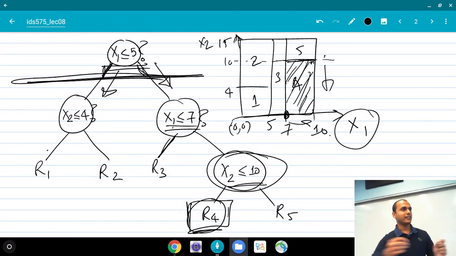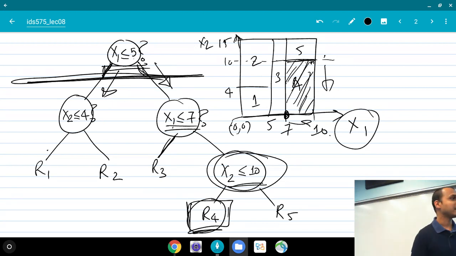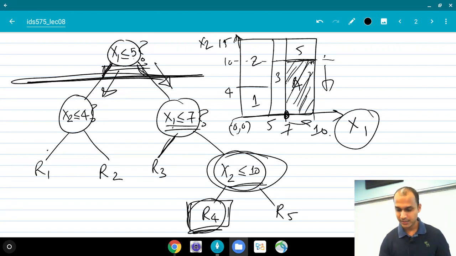I'll break the range of x1 into equal parts, let's say 100 parts from 0 to 10, so just 0.1, 0.2, 0.3 all the way to 10. Those would be my split choices, and I'll look at some criteria for this feature selection and split: does it look good or not? If it looks good, I'll choose that as my splitting choice.